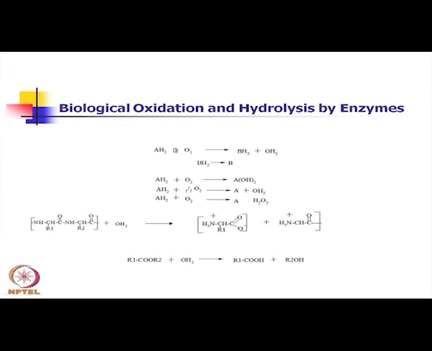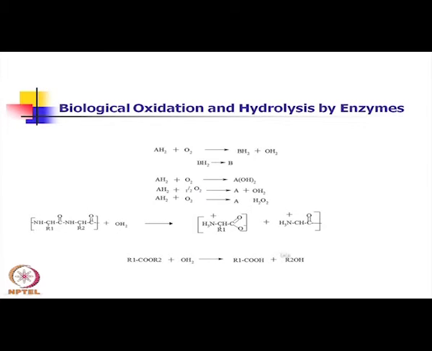And for biological oxidation and hydrolysis by enzymes, this shows a scheme of reaction. Basically, this is an oxidation process. This oxidation reaction is catalyzed by the presence of enzymes, and it ultimately produces acids and alcohols if the polymer is a polyester.